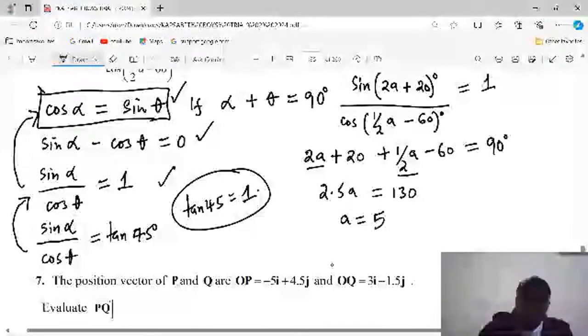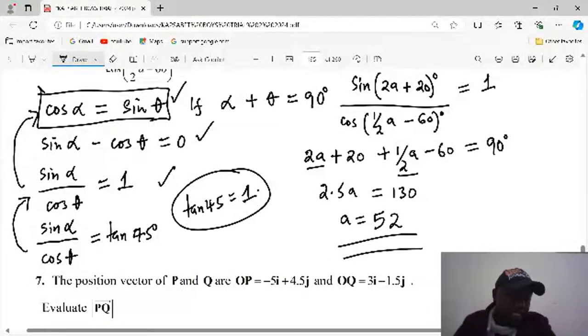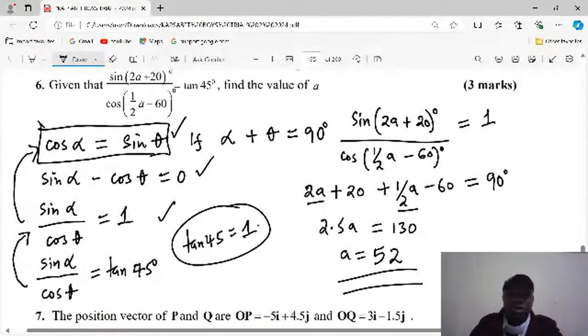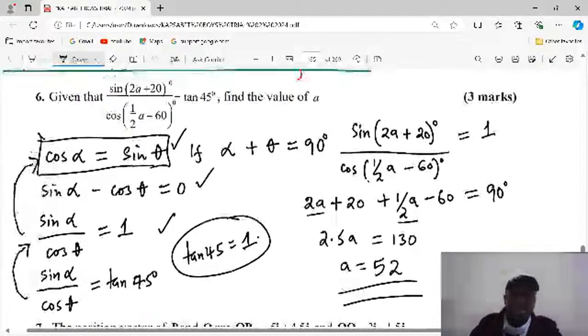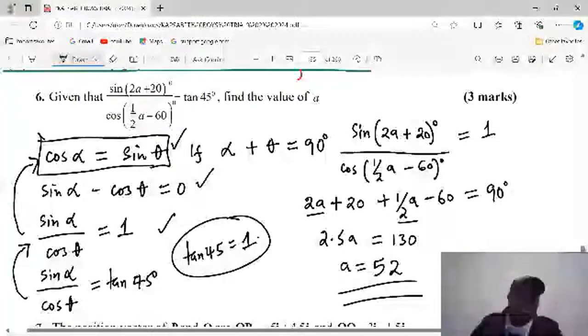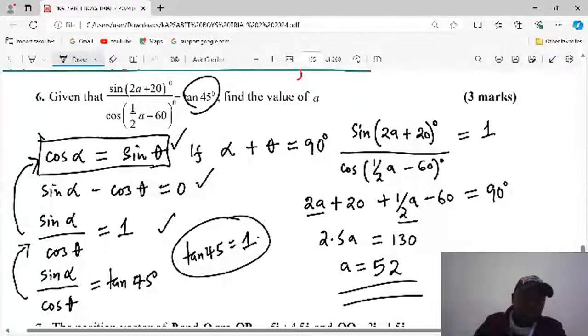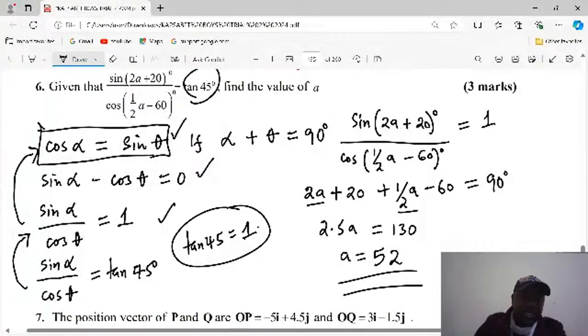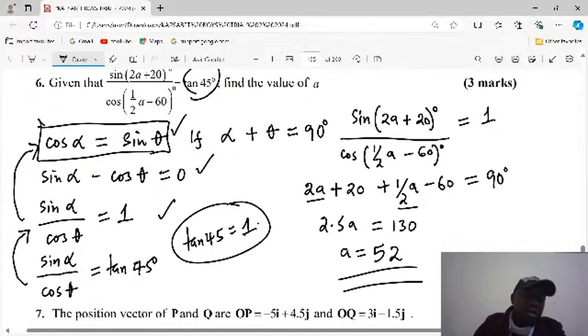So the value of a is 52. That is the secret which students are supposed to know. The tan of 45 equals 1. And the concept on complementary angles can be given several settings. Let students beware of all of them.